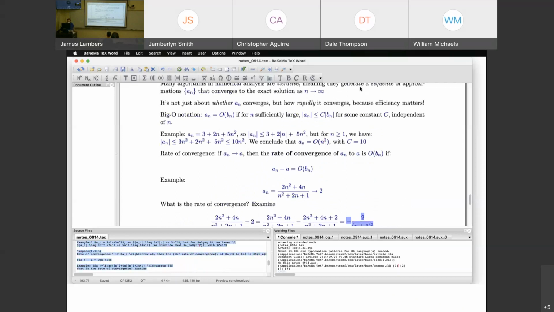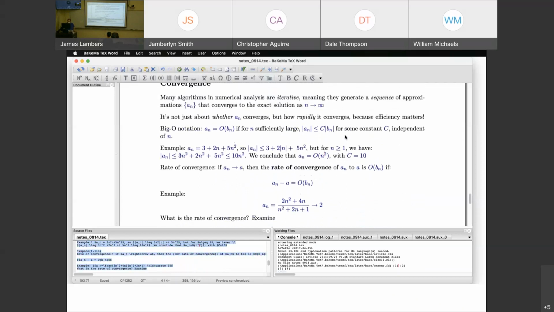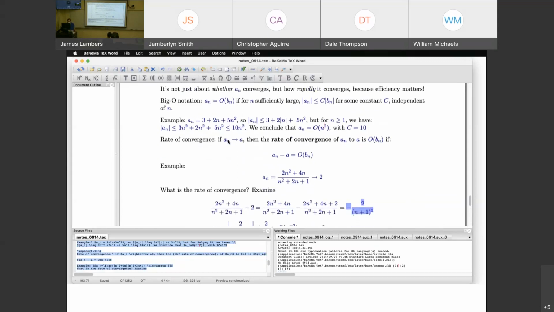Unfortunately, when rate of convergence is defined in terms of big O notation, it can be ambiguous. If I make the statement that this sequence converges to 2 with big O of n to the minus 1, because I'm using big O notation, that's technically a correct statement, but it's not the most helpful, because it's also big O of n to the minus 2. And that better depicts the rate.